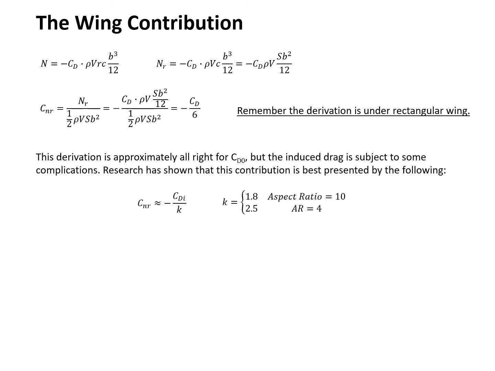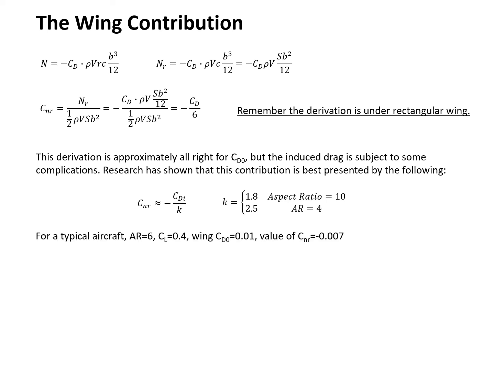Some researchers have shown that the wing contribution is best represented by the following relation: CNR is approximately minus CDi divided by K, where K is a parameter that changes with aspect ratio. For a large aspect ratio wing, for example 10, K is smaller, which means the CNR contribution is larger. For a smaller aspect ratio wing, K becomes larger, so the CNR contribution is smaller.